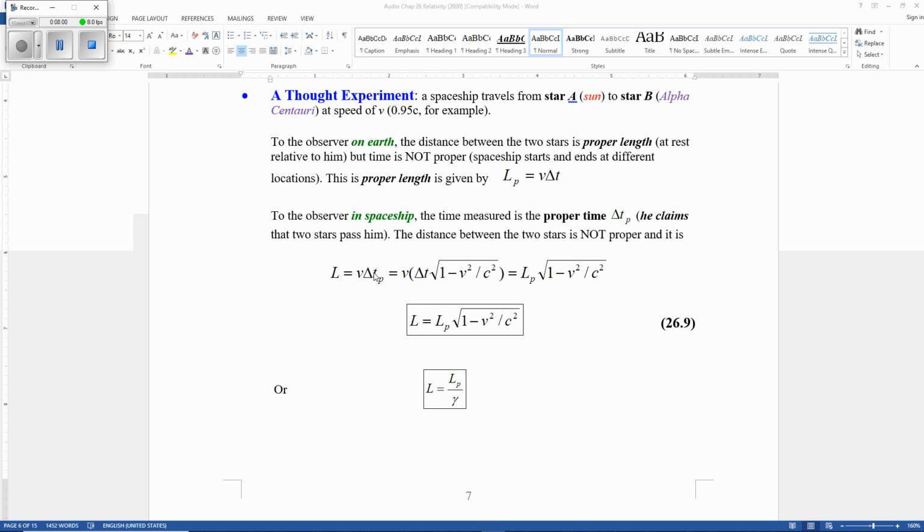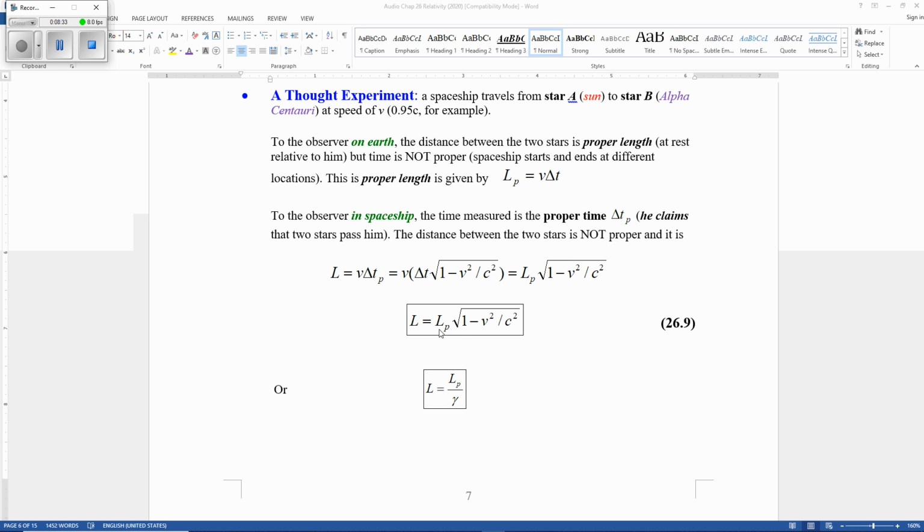So finally we combine this and that, and we have the equation for length: L equals the proper length times the square root. Remember, under the square root, this is always smaller than 1, equals 0.9, 0.8, 0.7. So the proper length times some number smaller than 1 will give you a shorter distance, right?